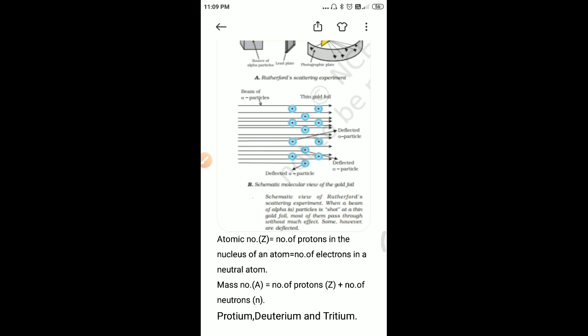The similarity between the solar system and the nuclear model suggested by Rutherford means electrons should move around the nucleus in well-defined orbits. Further, the Coulomb force is k q1 q2 divided by r square, where q1 and q2 are the charges, r is the distance of separation of the charges and k is the proportionality constant. This force between electrons and the nucleus is mathematically similar to the gravitational force.